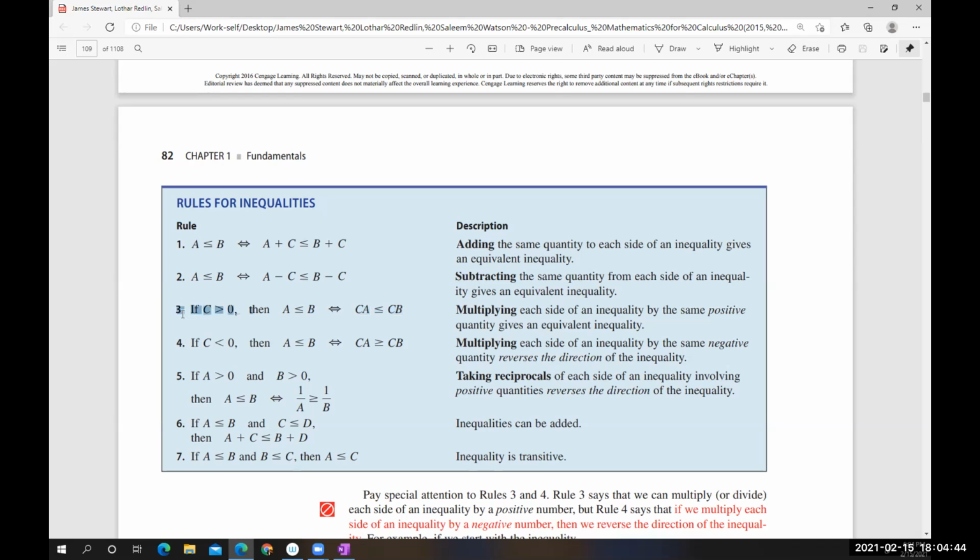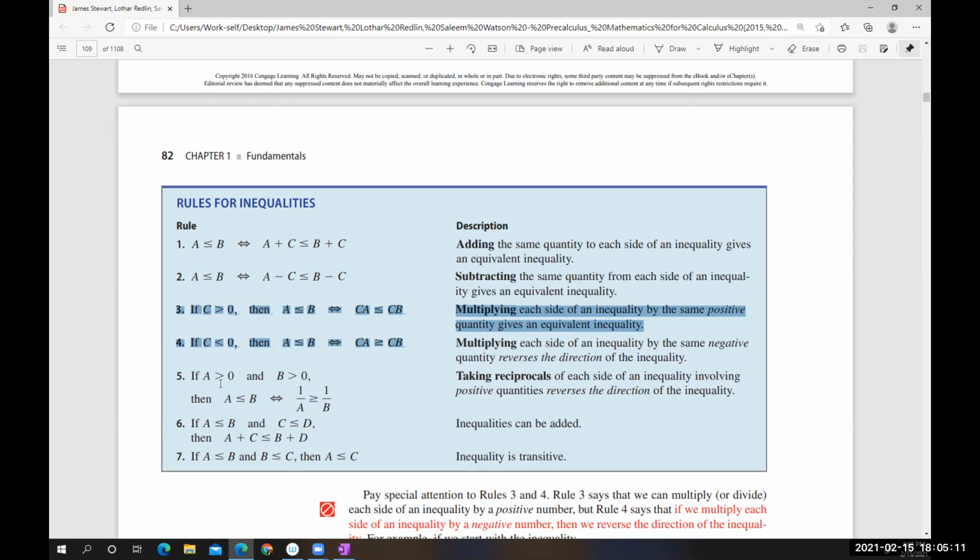You have to be careful with rules 3 and 4 right here, because 3 applies only if your algebraic expression or your number C is positive. If it's negative, then you have to reverse the sign here. So you have to be careful with the distinction between these two rules.